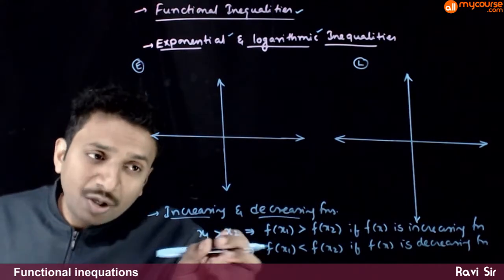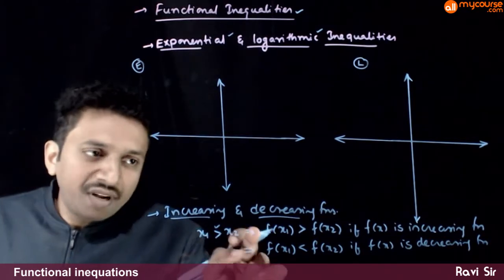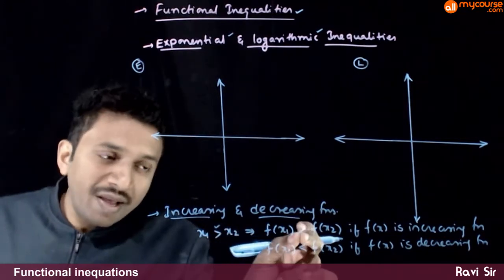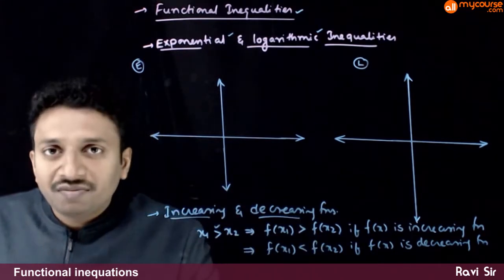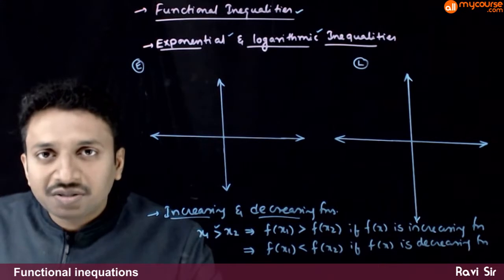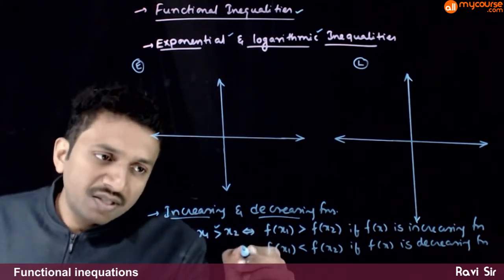So if there are two numbers related by a particular inequality, after applying the function, the inequality remains the same if the applied function is an increasing function. The inequality reverses if the applied function is a decreasing function. And this statement works both ways.